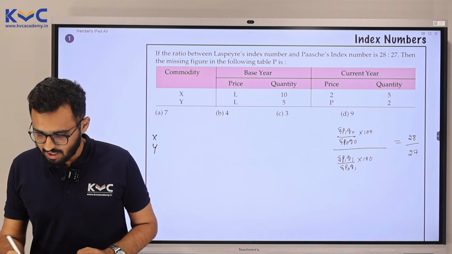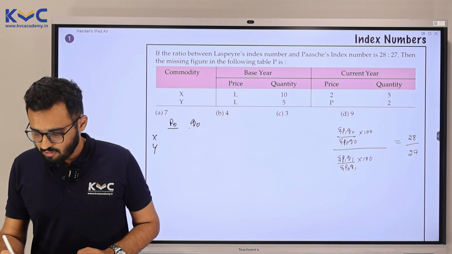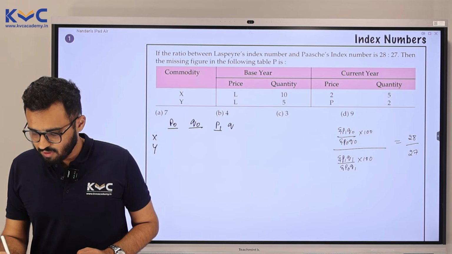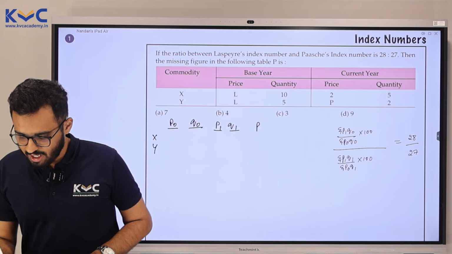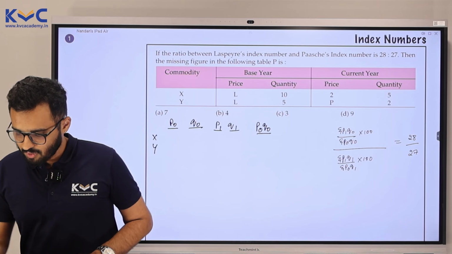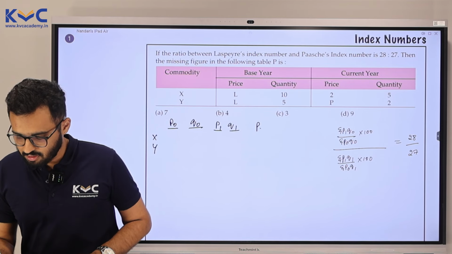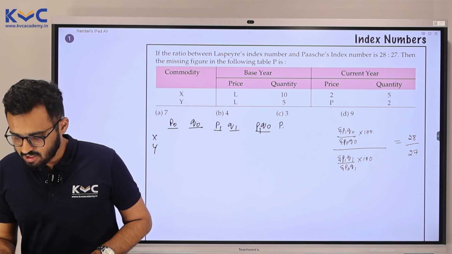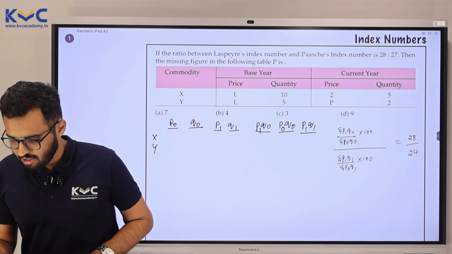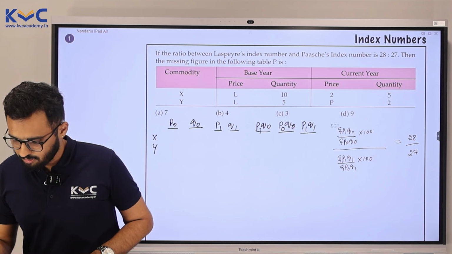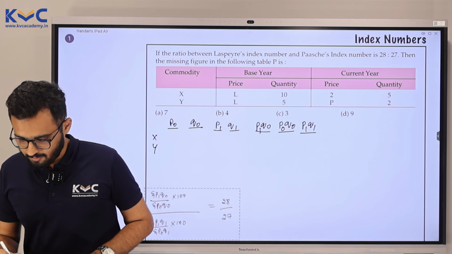So we'll write X, Y, base here is basically P0 Q0. We have P1 Q1. So Laspeyre, Paasche, I'll need all four varieties. I'll write P1 Q0, next one P0 Q0, next is P1 Q1, and let me push this downwards.